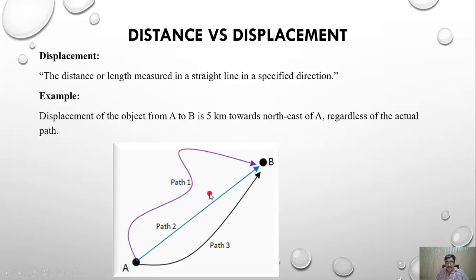So we have here 5 kilometers displacement, that this point B is displaced 5 kilometers apart from A towards the northeast direction. Here you have magnitude and direction, so it is your displacement.